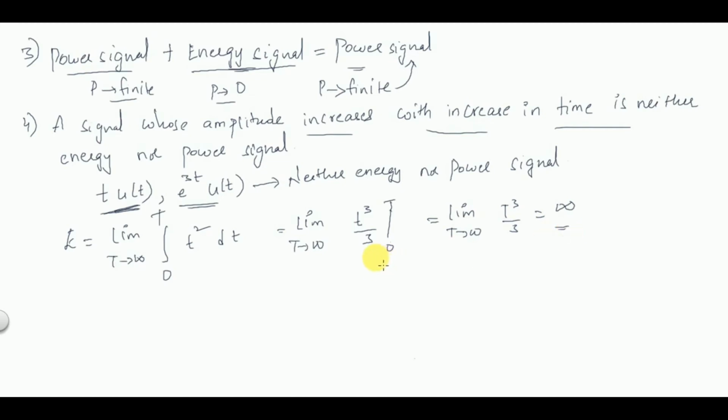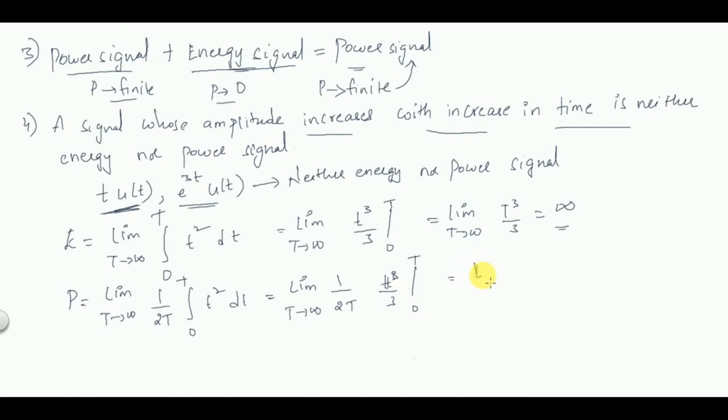So energy is infinity. And if you find power in this, limit as T tends to infinity, 1 by 2T integral 0 to T of t square dt, which gives 1 by 2T into t cube by 3, limits from 0 to T.